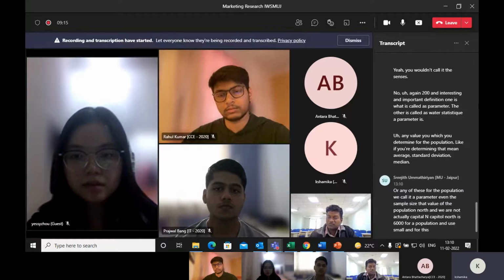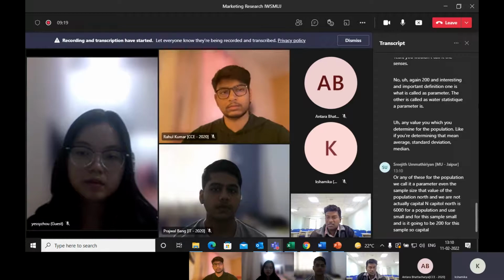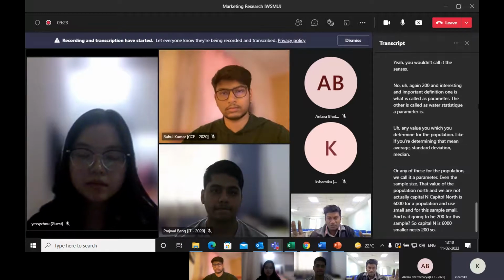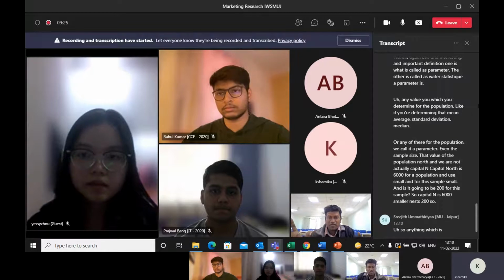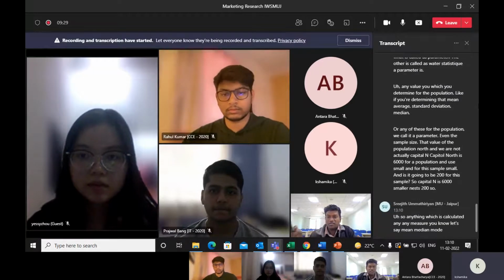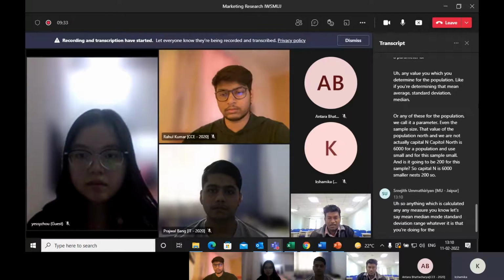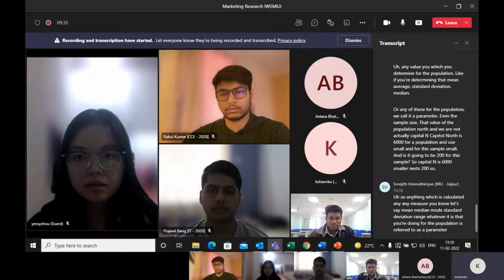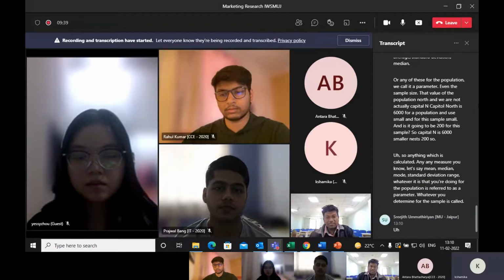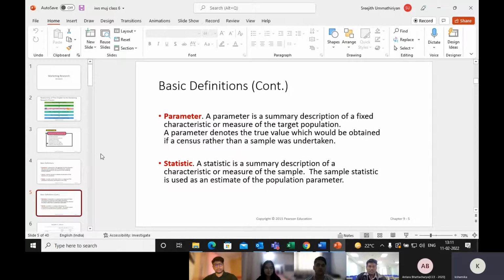Small n is going to be 200 for the sample. So capital N is 6,000, small n is 200. So anything which is calculated, any measure, let's just say mean, median, mode, standard deviation, range, whatever it is that you're doing for the population, is referred to as a parameter. Whatever you determine for the sample is called the statistic. Okay. So this is where we were in the last class.